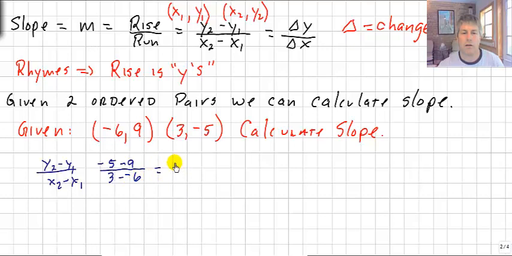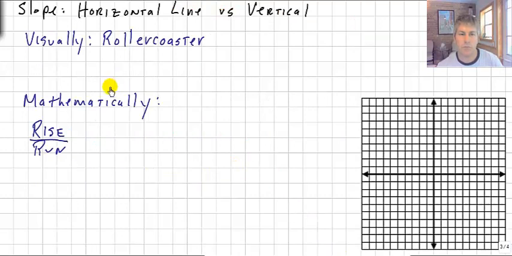So in calculating our slope, negative 5 minus 9 is negative 14, divided by 3 plus 6, which is 9. So our slope is negative 14 ninths.